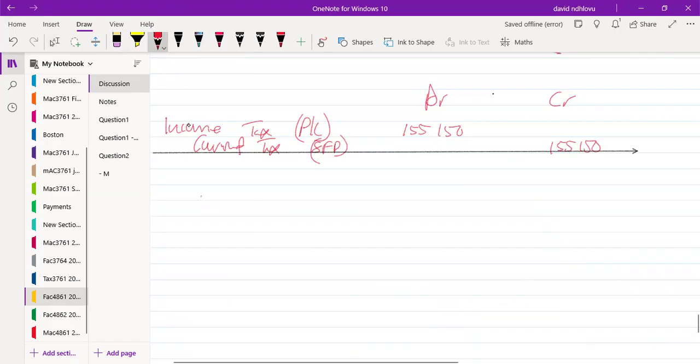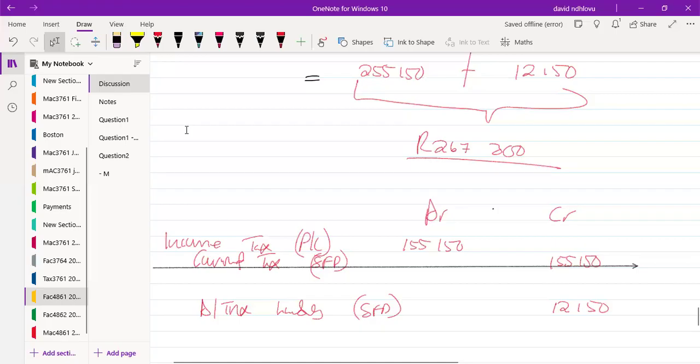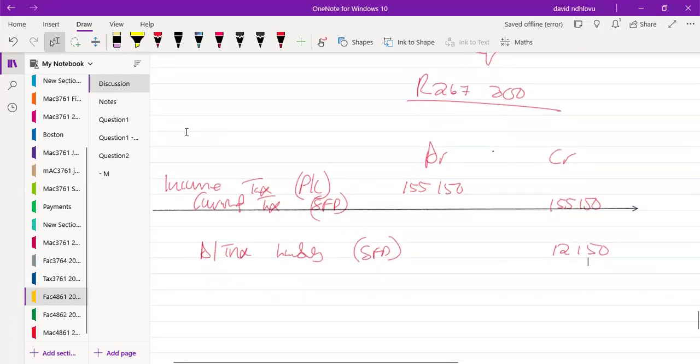So the deferred tax liability goes to the statement of financial position, just like any other liability: you credit if it's an increase in a liability. Now, the other leg is income tax, which will go to the P&L account.